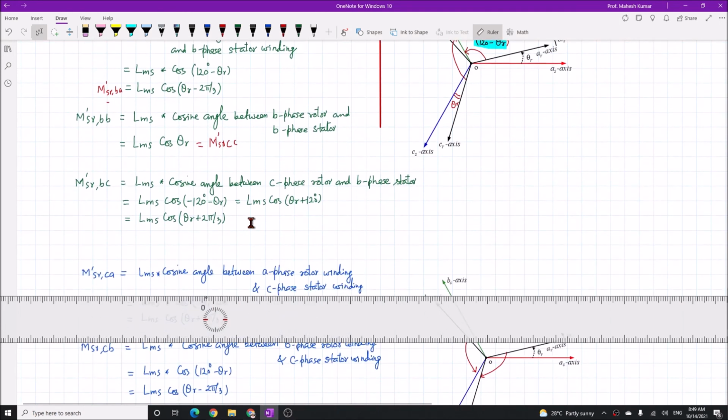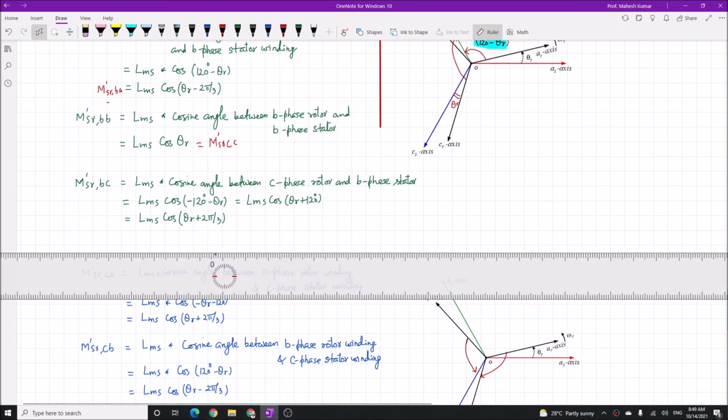What about BC? MSR dash BC is LMS into cosine angle between the C phase rotor and the B phase stator. This is minus 120 minus theta r. So it becomes LMS cos theta r plus 2 pi by 3.